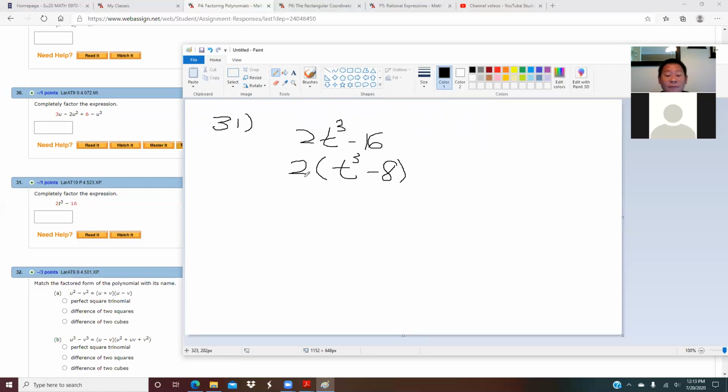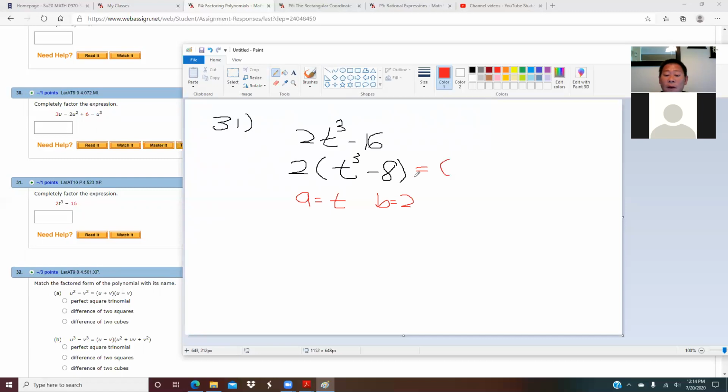So this is what happens when you factor out. You have to find a GCF first, and then this is a perfect cube formula where you have to know your A and B. A in this case will be t because t times t times t is t cubed. B in this case is 2 because 2 times 2 times 2 is 8. If you know your A and B, we can use the formula.